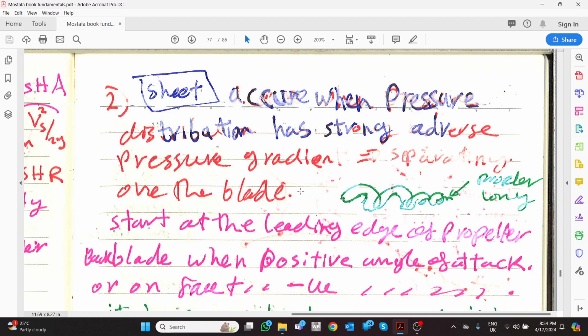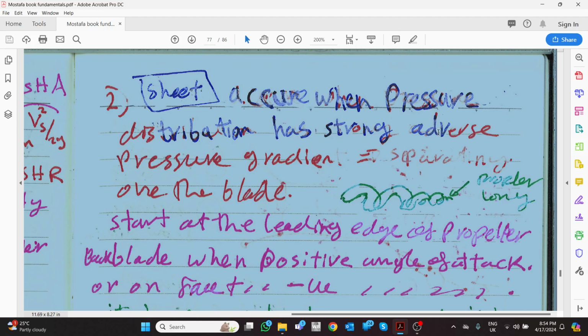Okay. 2. The sheet cavitation. Sheet cavitation occurs when the pressure distribution has a strong adverse pressure gradient, which means separation. It may not be clear, but adverse pressure means separation. Why does separation happen?